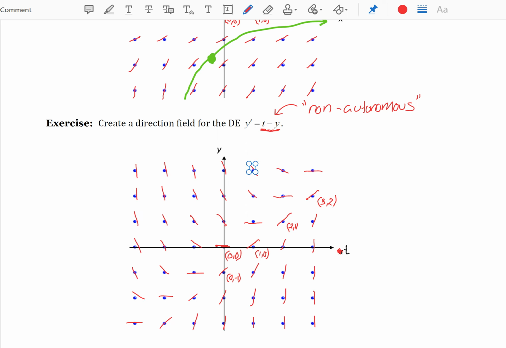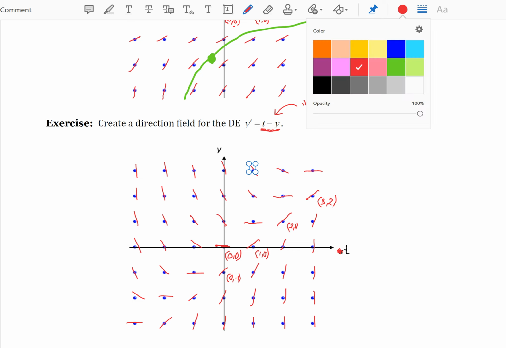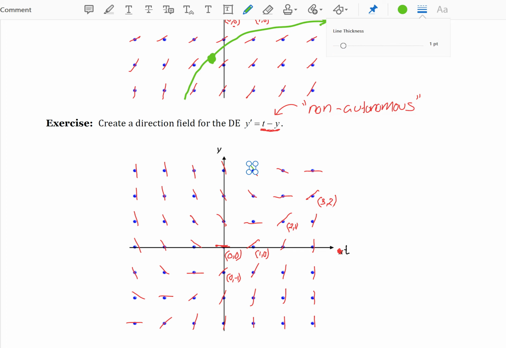Okay, I hope you completed your direction field, and it should look something like this. Now that you've completed your direction field, we should be able to draw what a couple of typical solution curves might look like. So imagine that we were to give you an initial condition that started here.